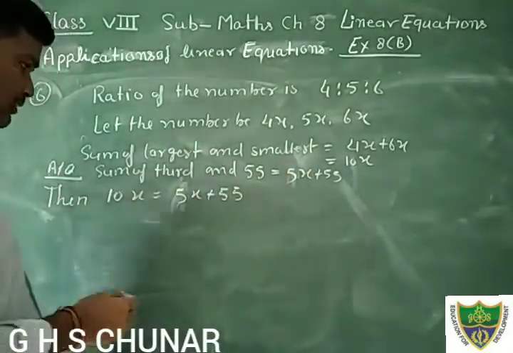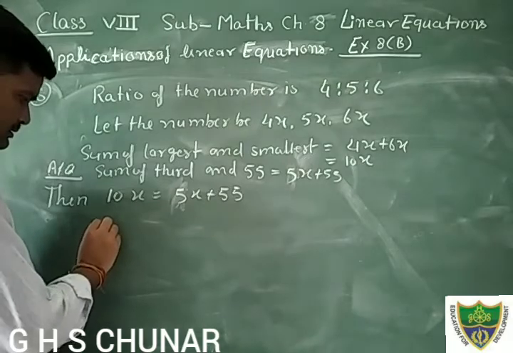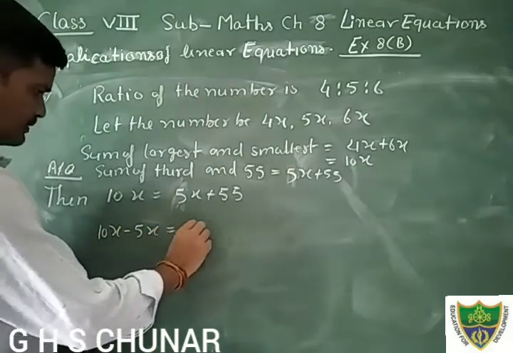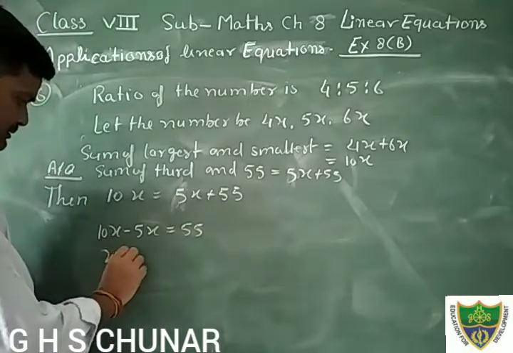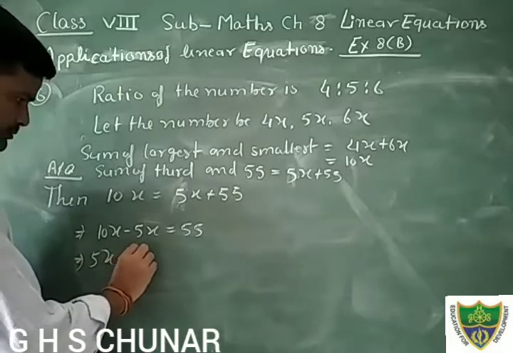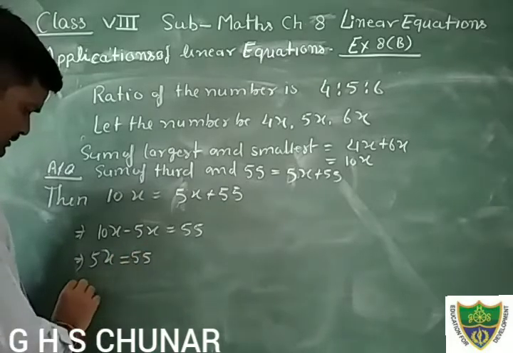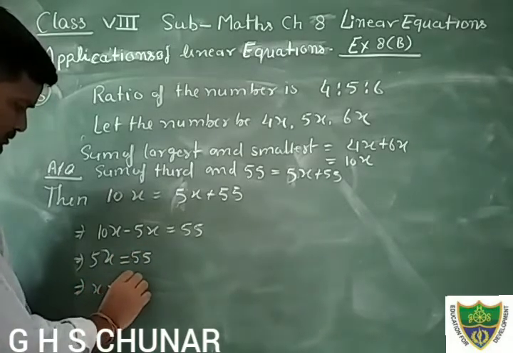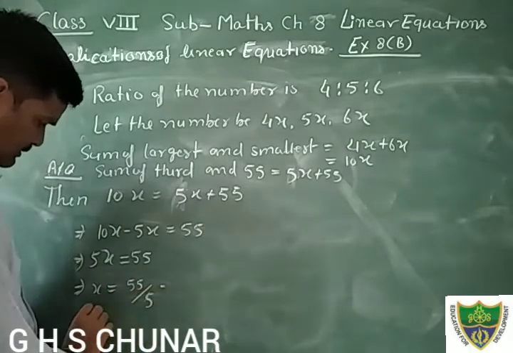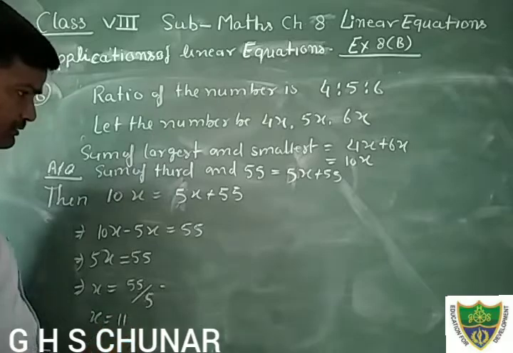Okay, now we solve it. 10x minus 5x is equal to 55. Then 5x is equal to 55. This implies x is equal to 55 upon 5, that is x is equal to 11.